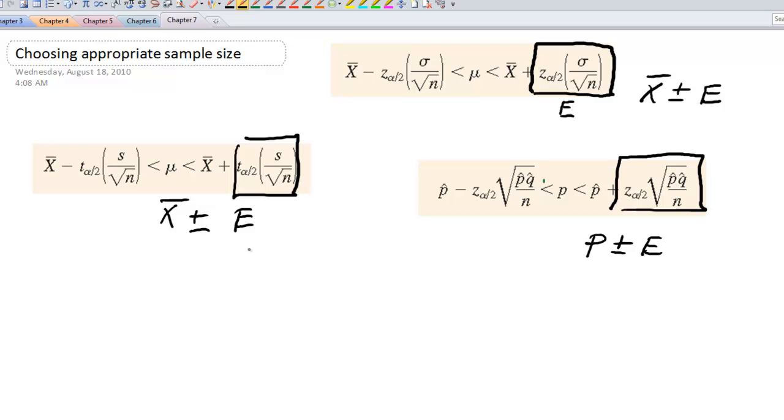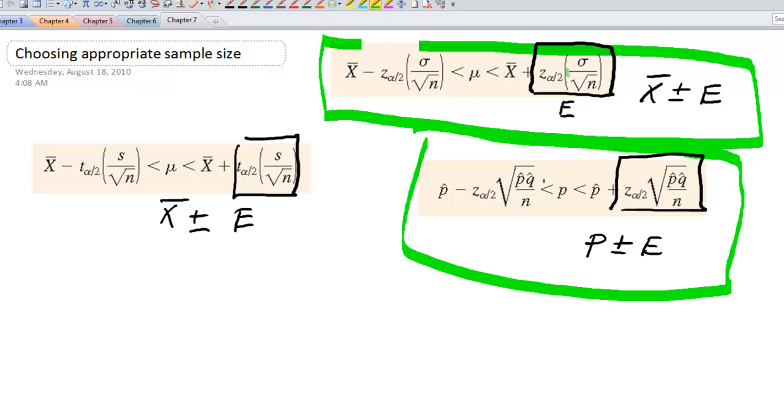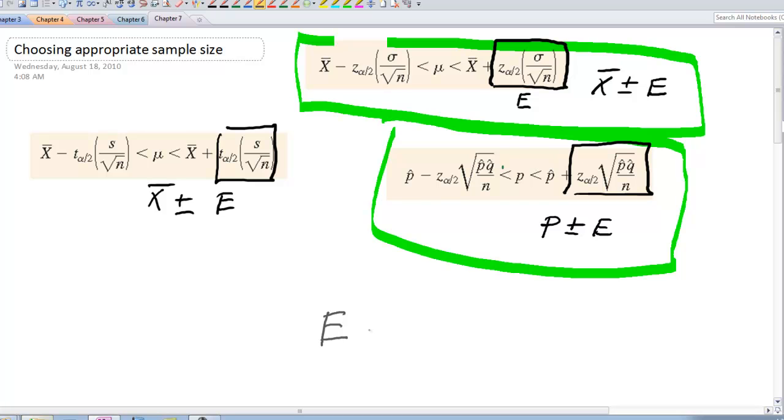Well, what you can do is determine the sample size required so that your estimate will be within your tolerance. And that's what these problems are all about. But before I go on, I'm going to say that you can only do it with these two.